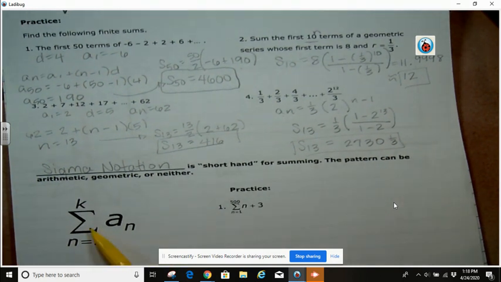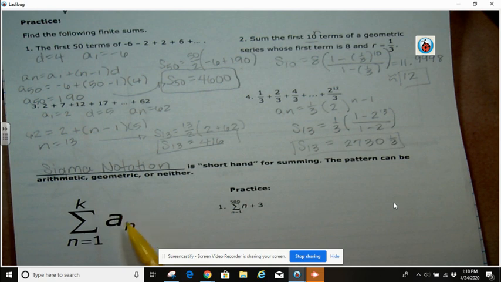When you see the symbol, this is sigma notation because that's sigma, the letter from the Greek alphabet, but then summation notation because whenever you see that, it means you're working with a series and you're trying to find a sum. Depending on what type of expression is right next to the sigma notation, it could be any type of pattern.